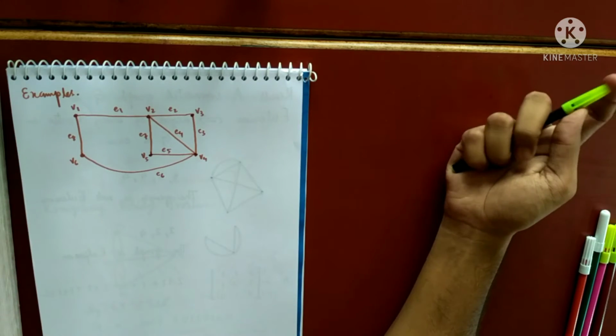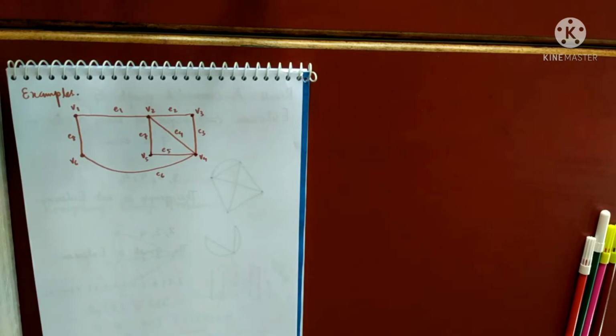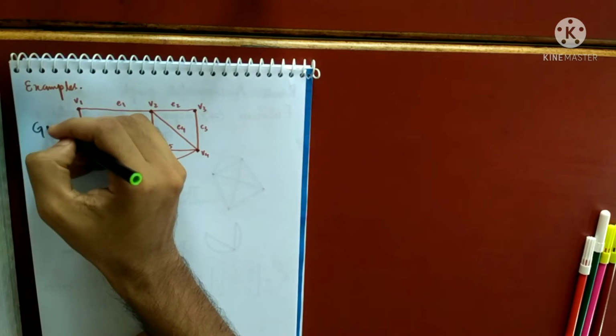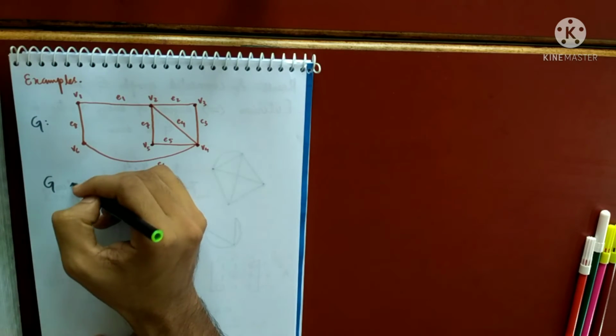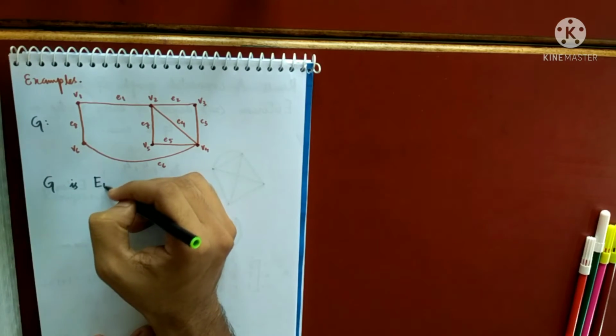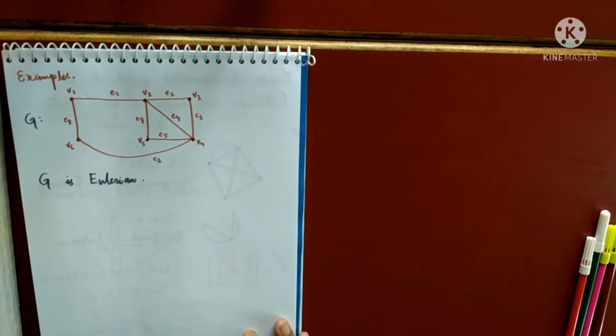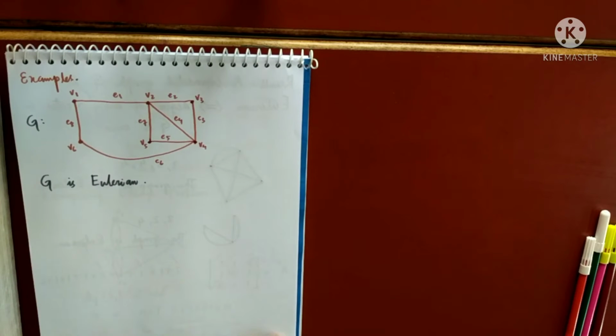Since the degree of every vertex is an even number, by the necessary and sufficient condition that we did in the last theorem, this graph G is Eulerian. So write some justification: it is Eulerian because the degree of every vertex is even, and that is the actual reason for it to be an Eulerian graph.